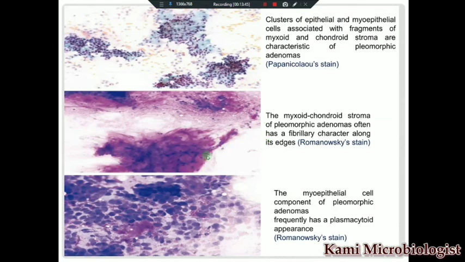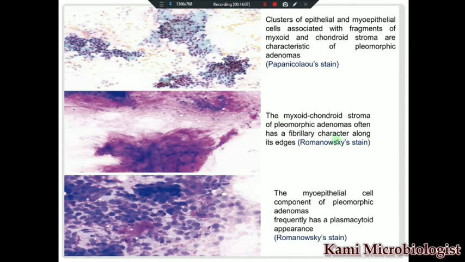Now these are the other fields of the microscope. This first picture is the Papanicolaou stain, showing a cluster of epithelial and myoepithelial cells associated with fragments of myxoid and chondroid stroma, characteristic of pleomorphic adenomas.